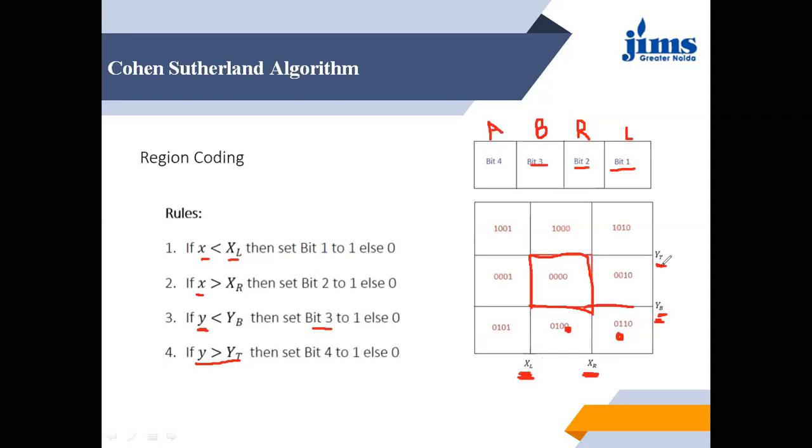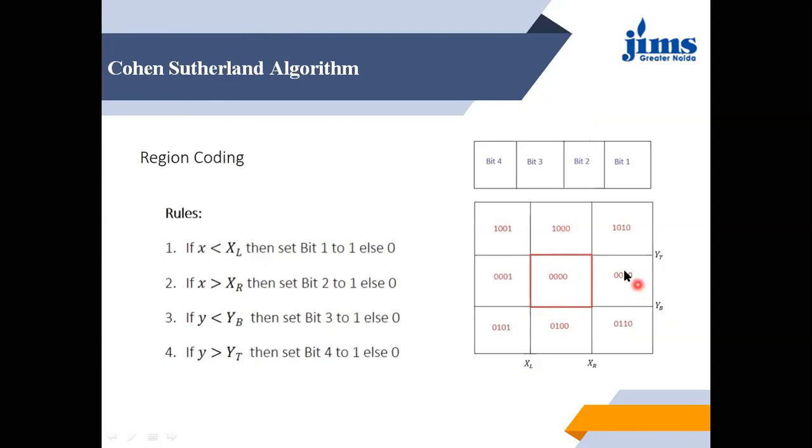Then we can find the region code for any region. This was the basic concept to find the region code of any region with respect to the window.